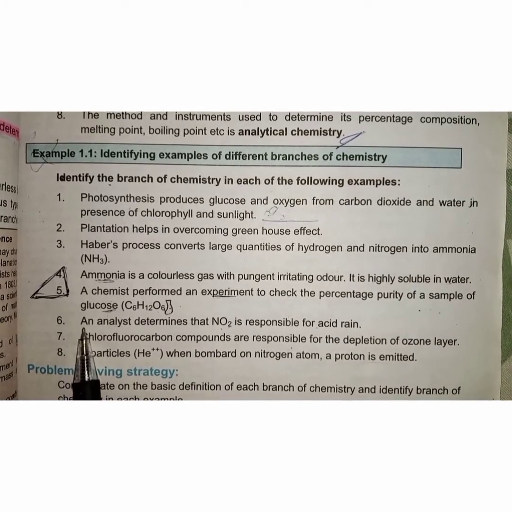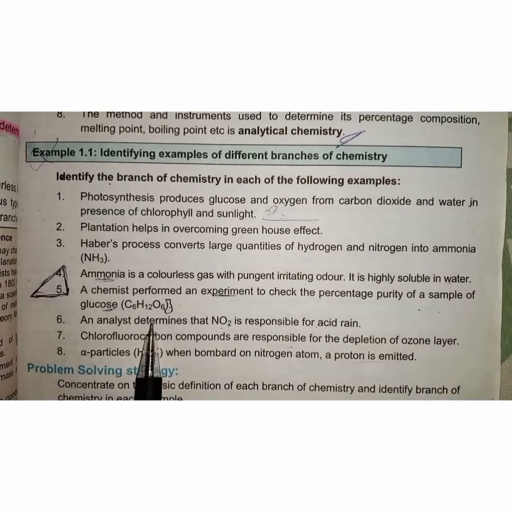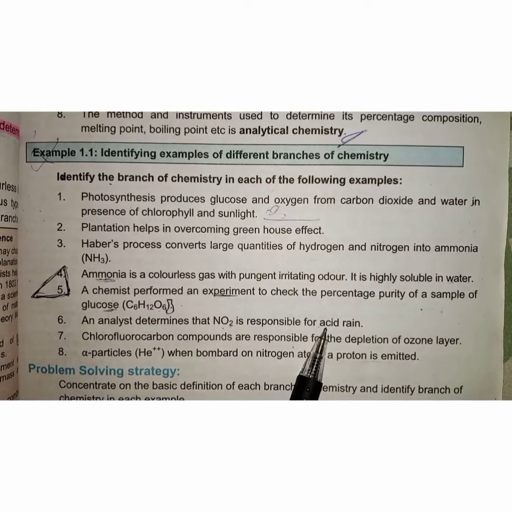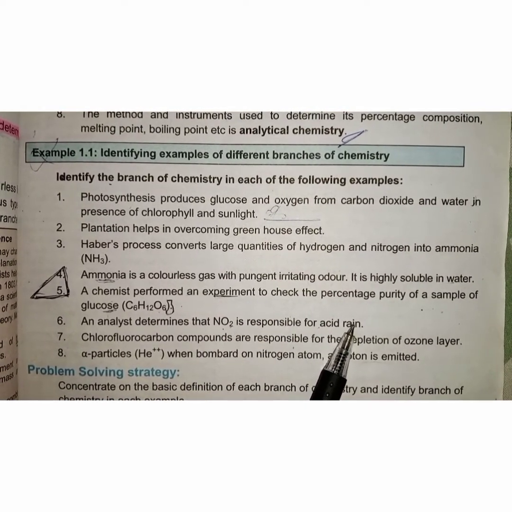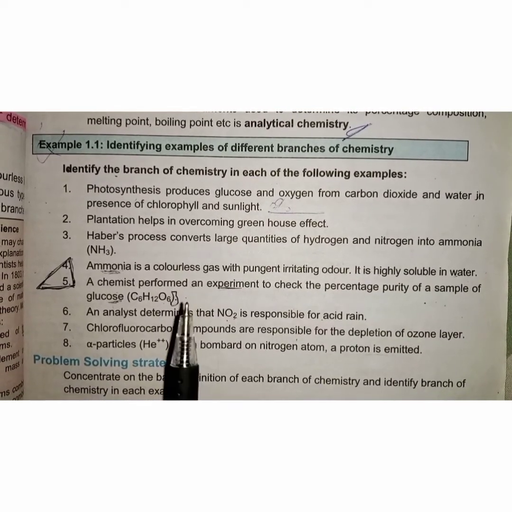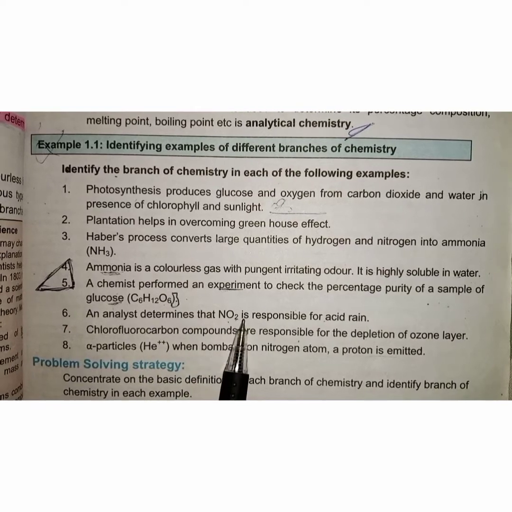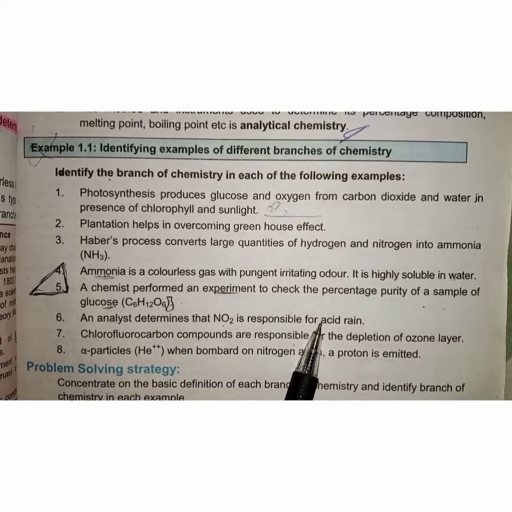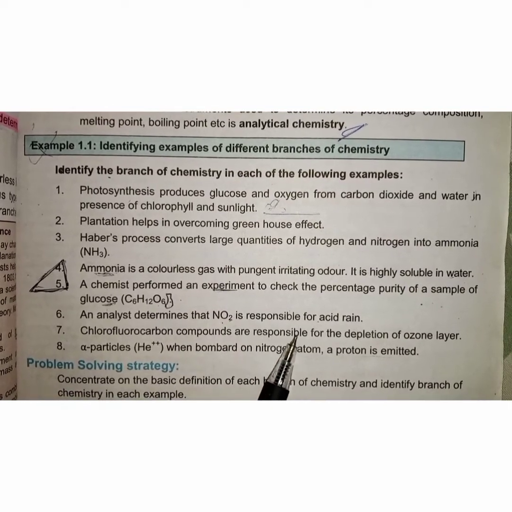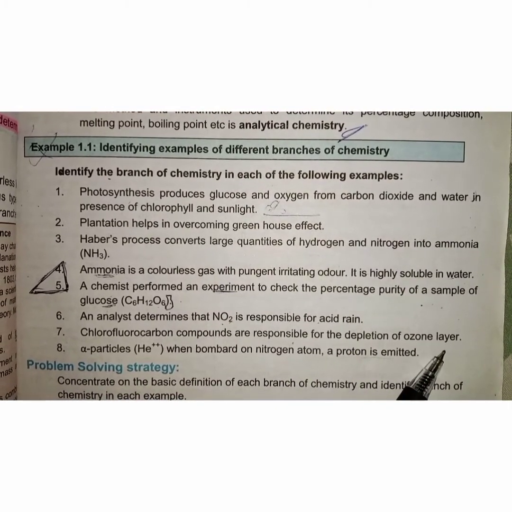Number 6: An analyst determines that nitrogen dioxide is responsible for acid rain. This is an example of environmental chemistry because it is related with the environment. Number 7: Chlorofluorocarbon compounds are responsible for depletion of the ozone layer.